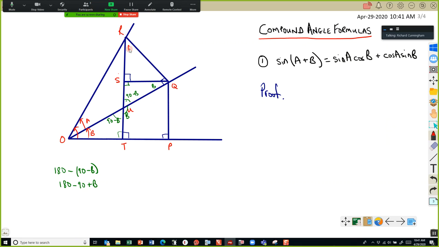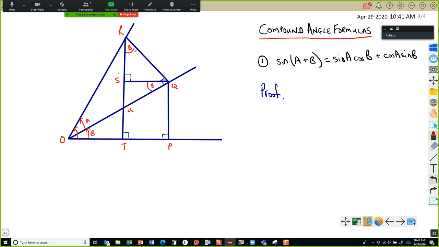I'm going to keep this one, B. I'm going to get rid of all the stuff in green, and I'm going to put in just the stuff that I want, which is this one and this one. So I've just put in those two angles that are B in red.